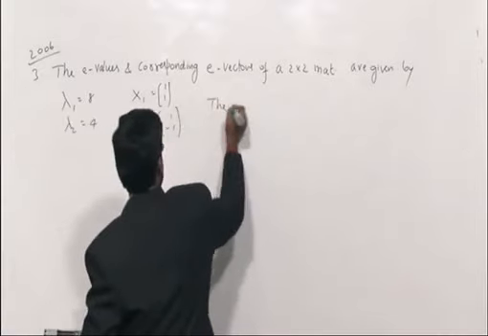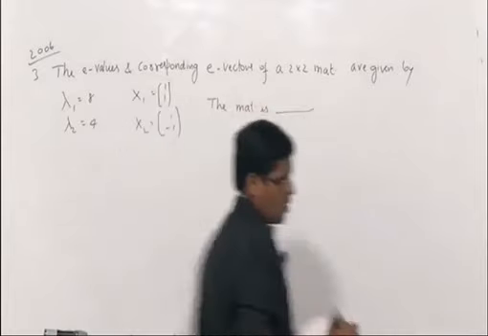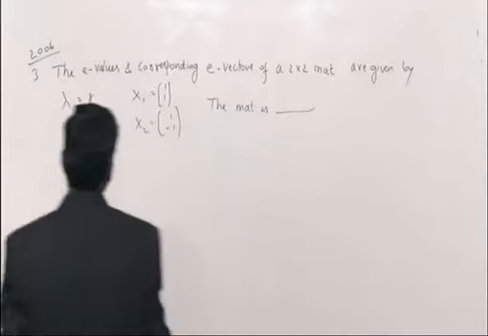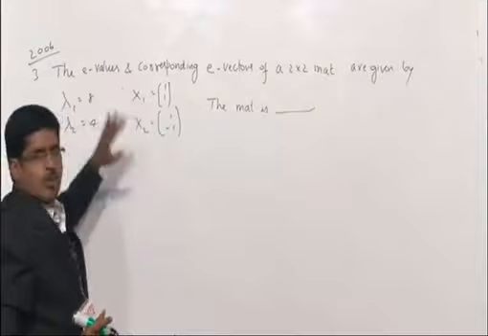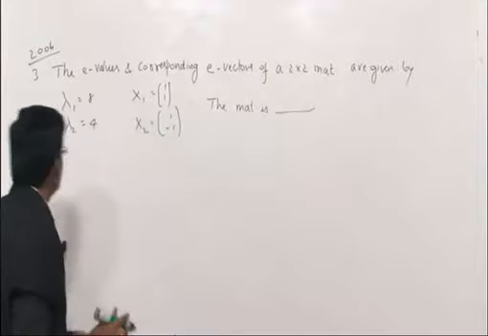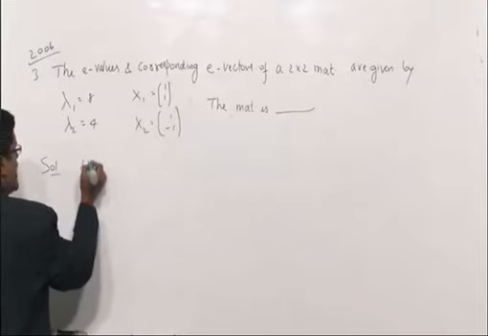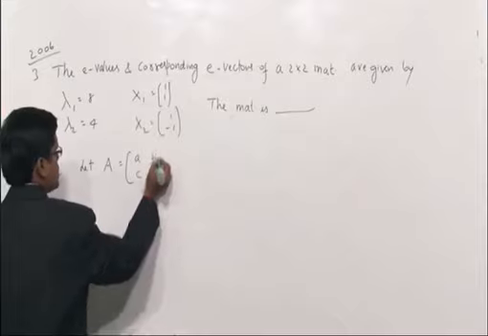The matrix is to be found. Options are given, but I am not giving them because fill in the blanks questions also come. Vectors are generally denoted by x notation, sometimes v notation, any notation. Solution: because we are going to find the matrix, and 2 values are given, it is a 2 by 2 matrix, with standard notation a, b, c, d.